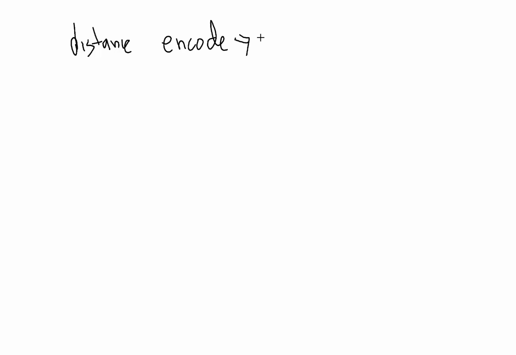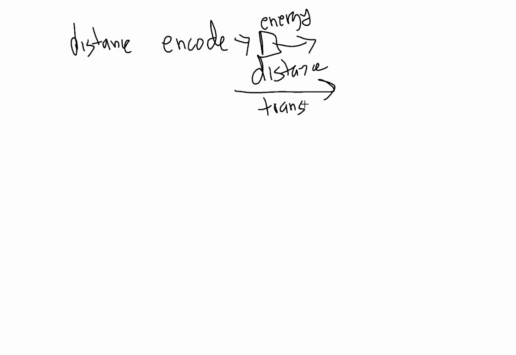We're going to have little energy packets, and these energy packets are going to transmit across space. And then we're going to have to decode it, convert the energy back into numbers, back into distance again. And this is the process of communication.